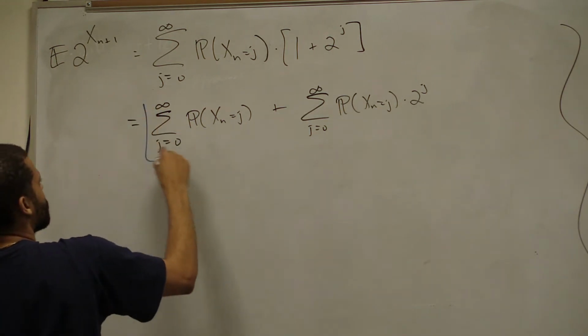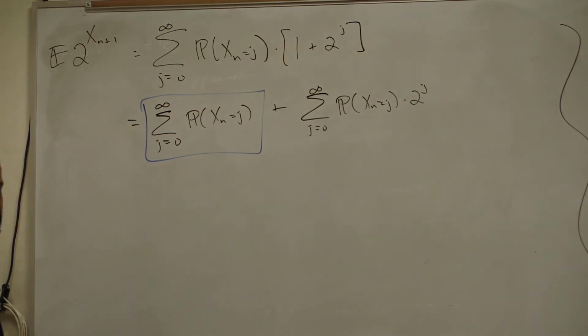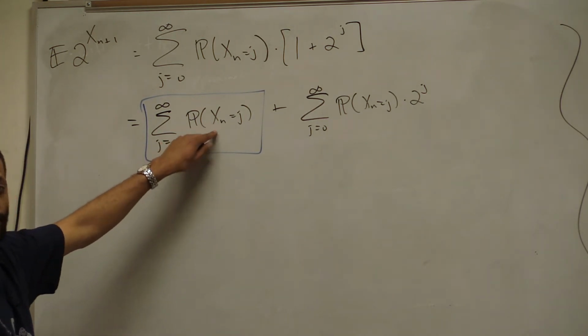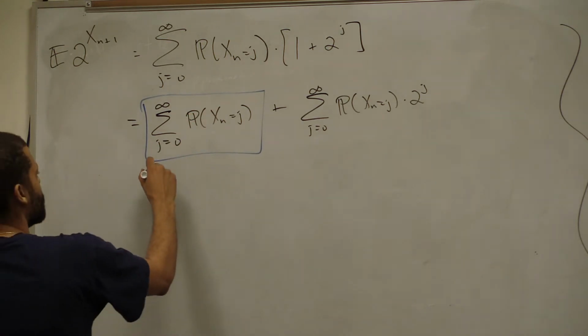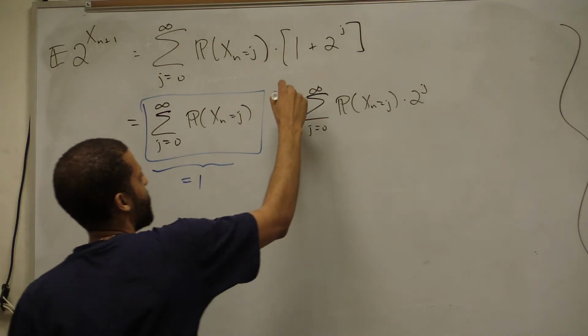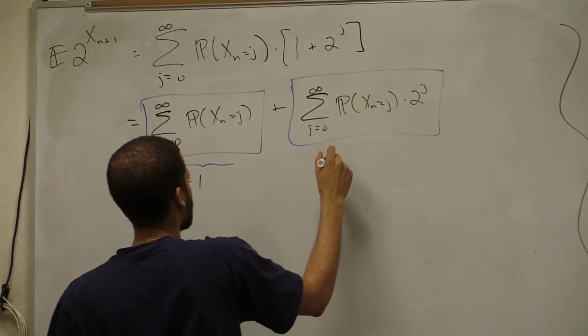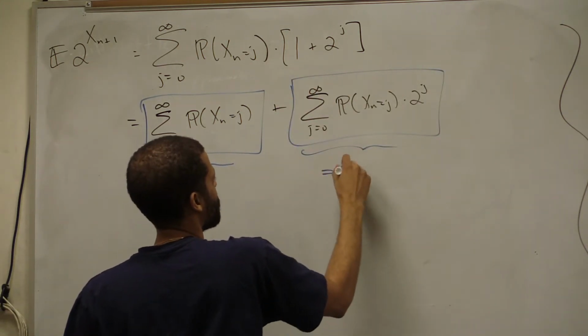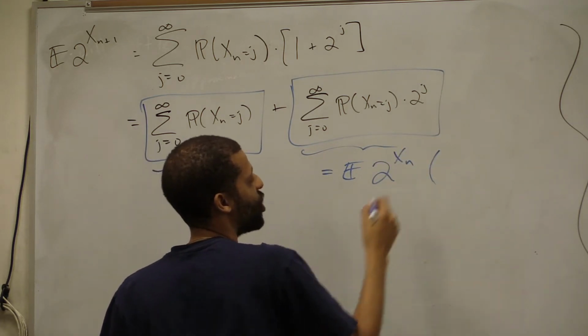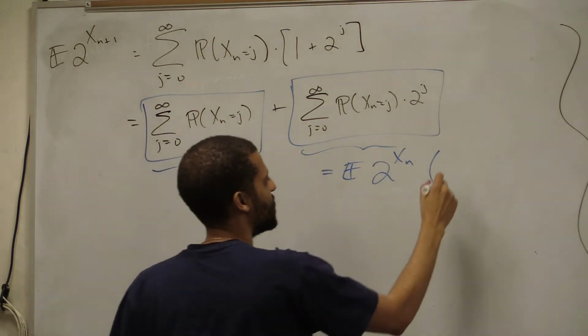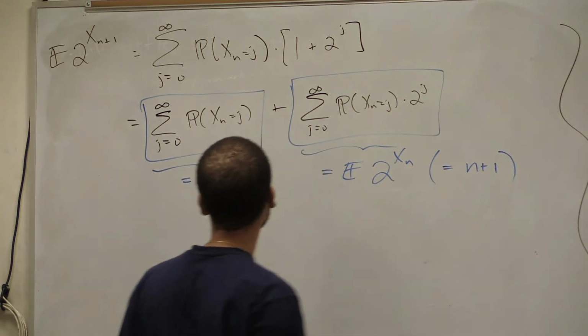Now xn is some non-negative integer. So the first sum says: what's the probability that it's either 0 or 1 or 2 or 3, etc.? Well, that's 1. It's equal to something. And the second sum is by definition just the expectation of 2 to the xn, which we know by the inductive hypothesis is n plus 1.